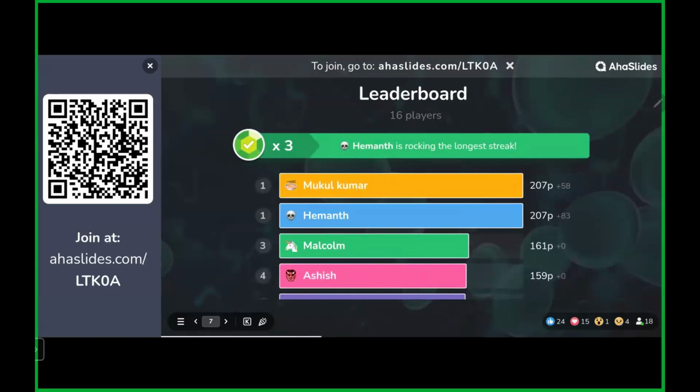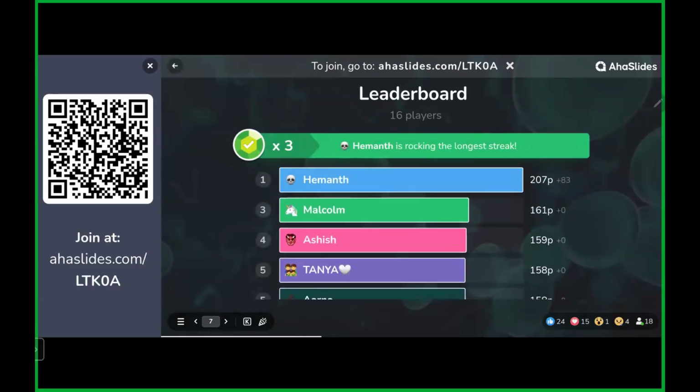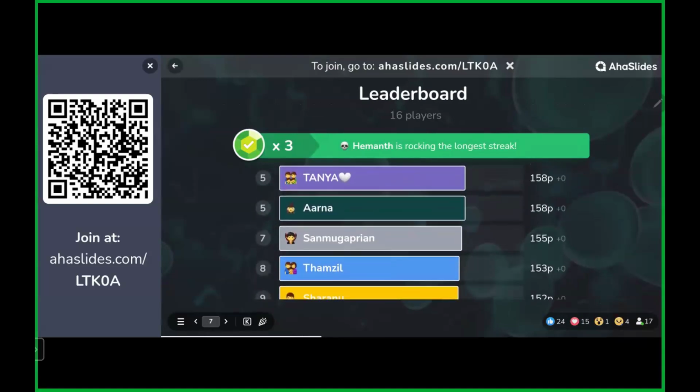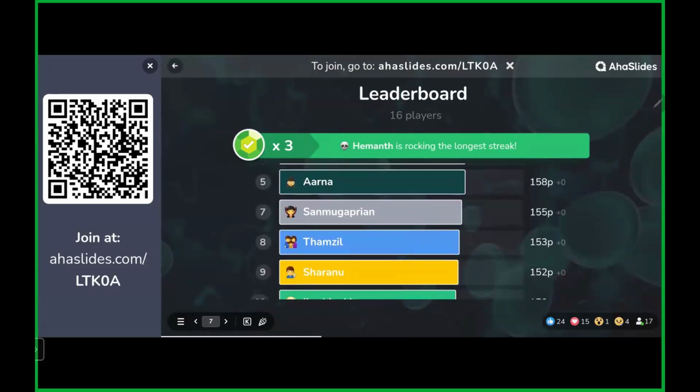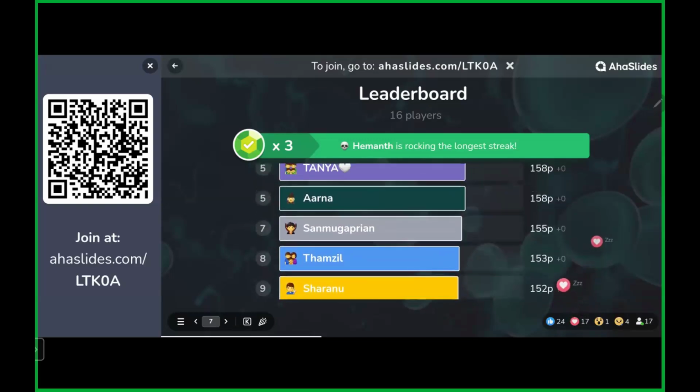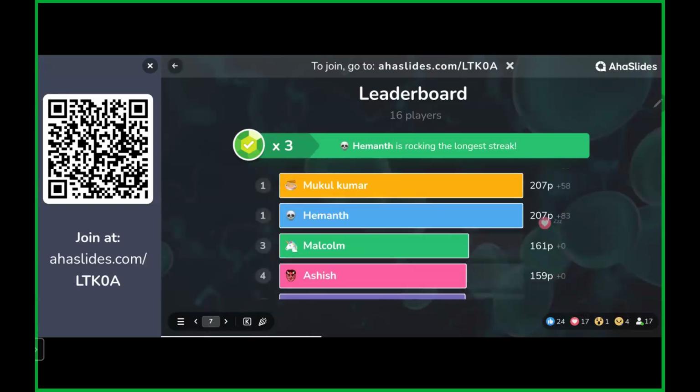Just imagine the level of competition. Followed by Malcolm, Ashish, Tanya, Arna, Shanmugapriyan, Tamzil, Sharanu, and Ibrahim Khan. So these are the 10 people in the top 10 leaderboard.